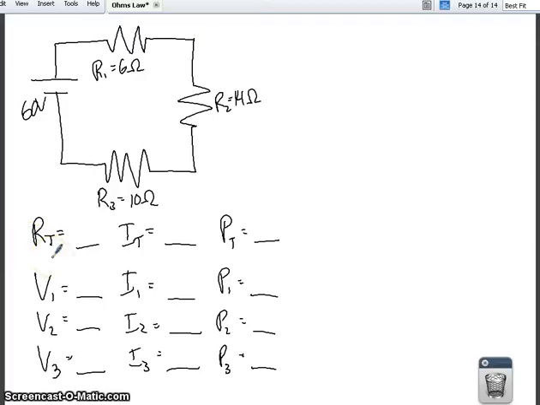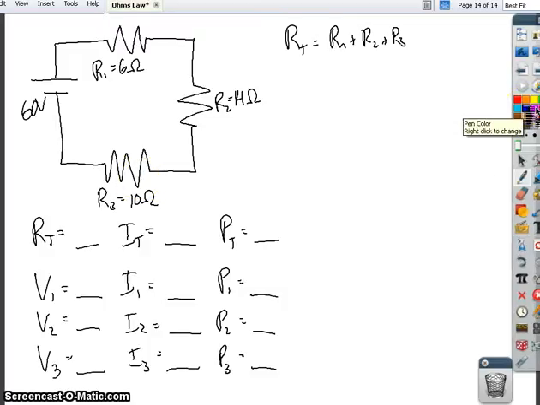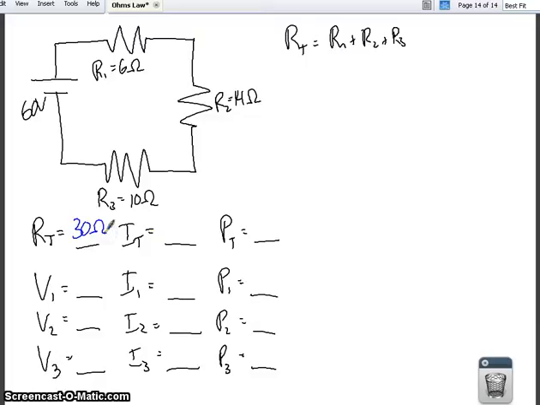In a series circuit, R total, or R equivalent, is equal to R1 plus R2 plus R3. 6 plus 14 plus 10 is equal to 30 ohms. Okay? The total current is just going to be using Ohm's law, which is our rule number 3.